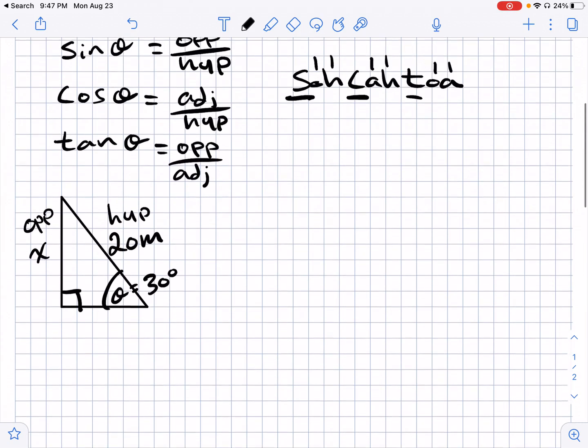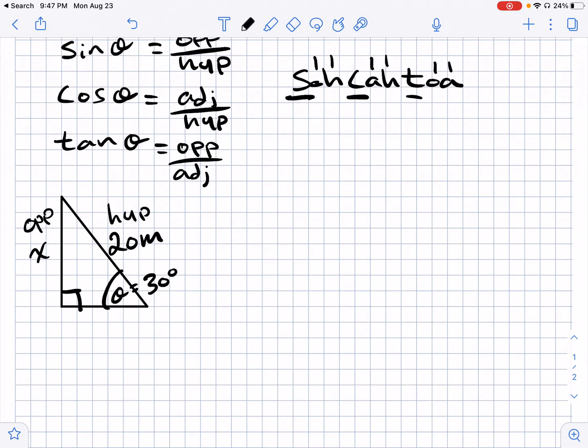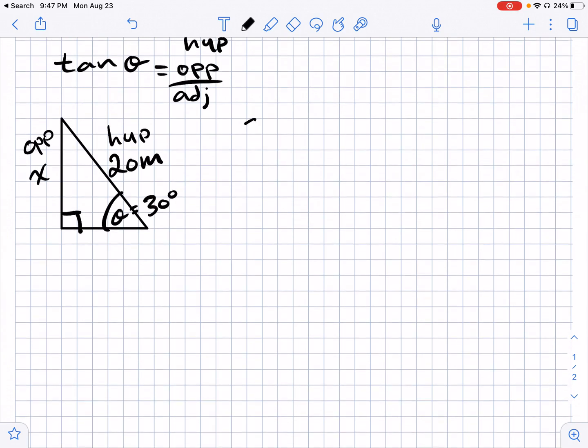If you go back up there and look, the one trig function that deals with opposite and hypotenuse is your sine function. So we're going to use that sine function. Let's write it out. Sine 30 degrees, sine theta, is equal to the opposite side, which is x, divided by the hypotenuse, which is 20 meters. Make sure you include your units here.